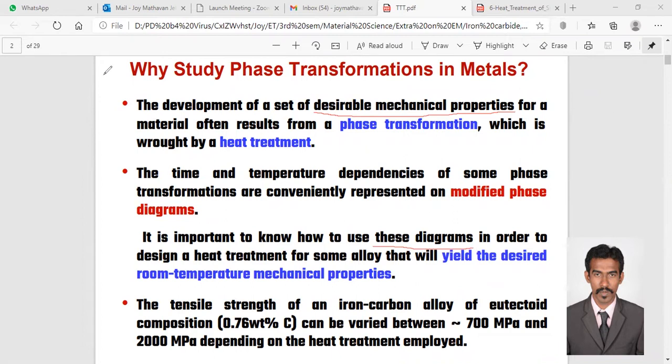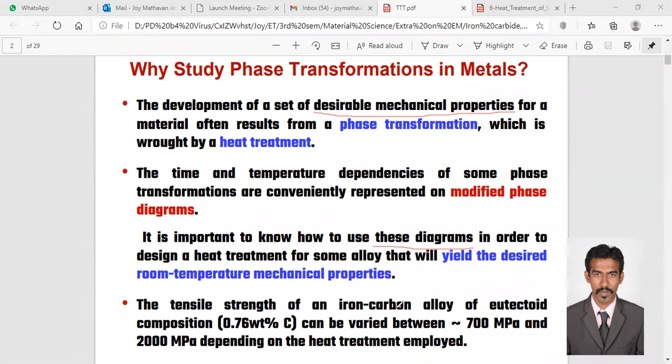These questions can be answered just by looking at these diagrams, in order to design a heat treatment for some alloys. Here we provide only iron carbide as an example; for any material you mix, you can form a diagram like that, which will yield the desired room temperature mechanical properties.